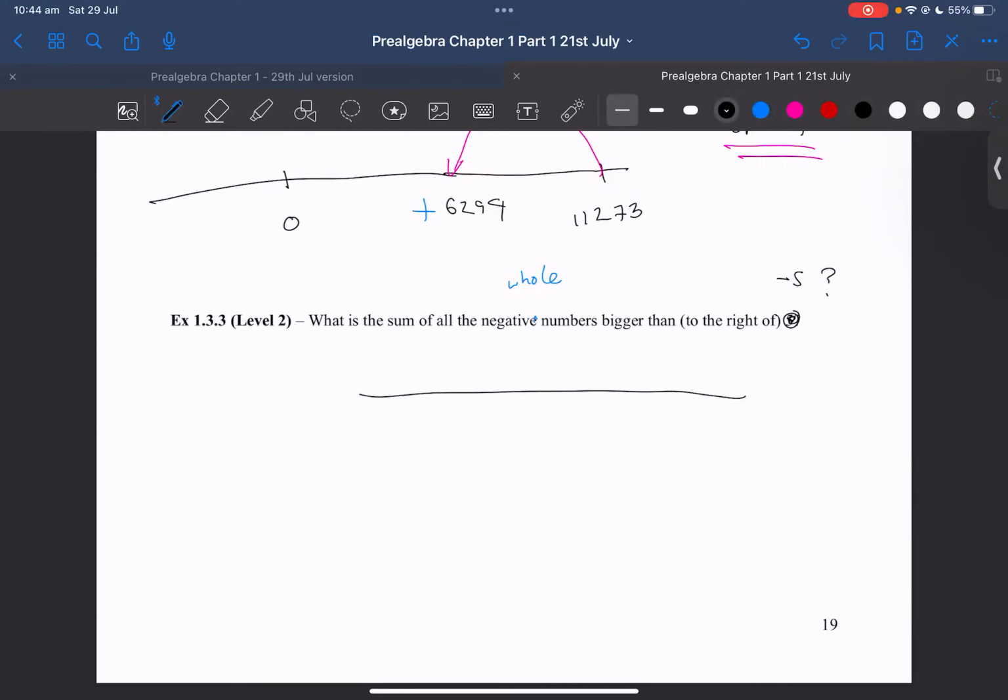Number line now. So 0. I'll go 15. Add those. Yep, so right. 9 plus 3. Careful. Bigger than -5. Oh, do we include -5 then?